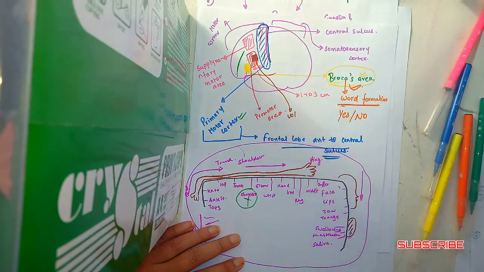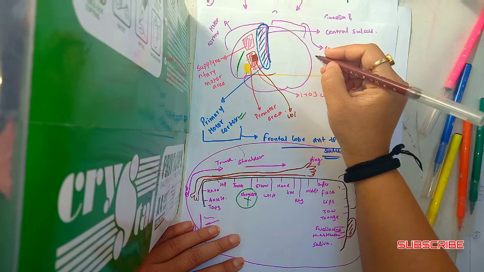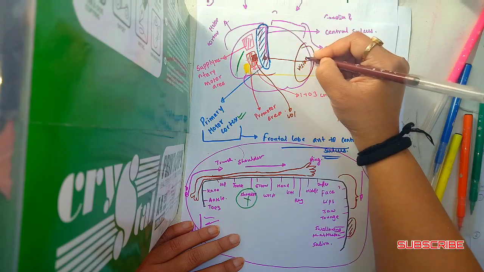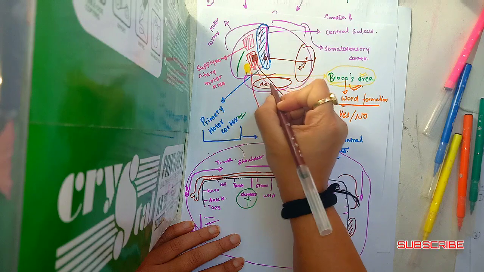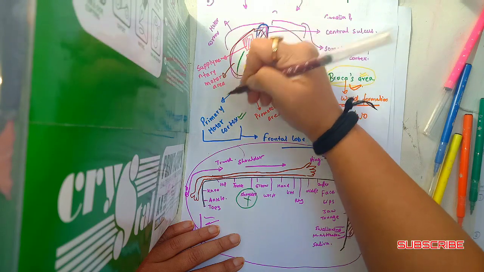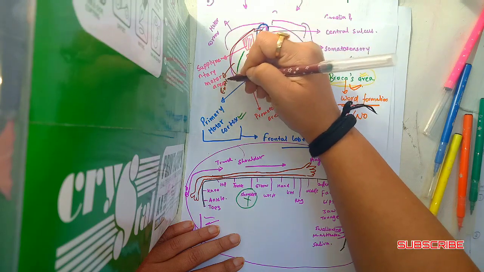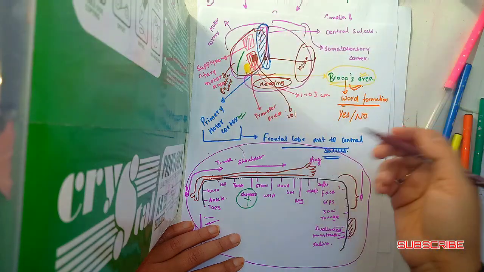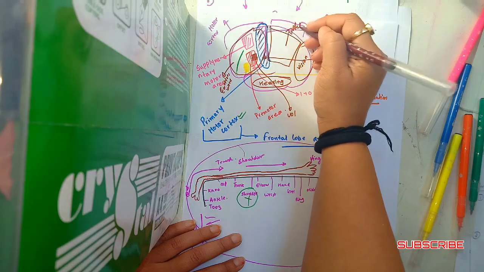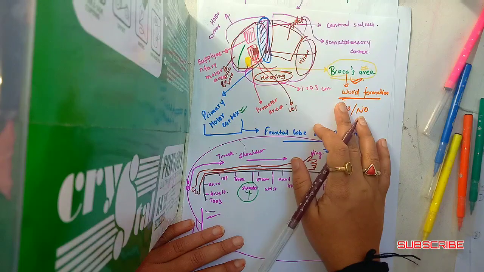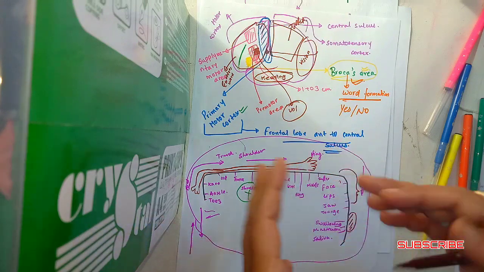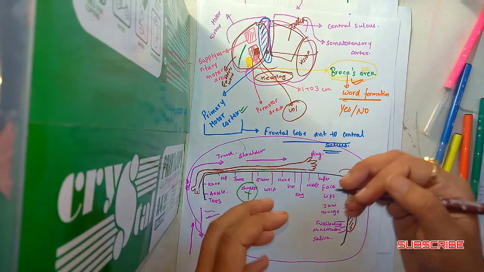Like we have the signals from the occipital lobe for vision, right? The occipital lobe is for vision, the temporal lobe is for hearing, the frontal lobe is for emotions, word formation and everything, and the parietal lobe is for action. So when we damage this voluntary area, the coordination of the movements of the eyes will not be there.